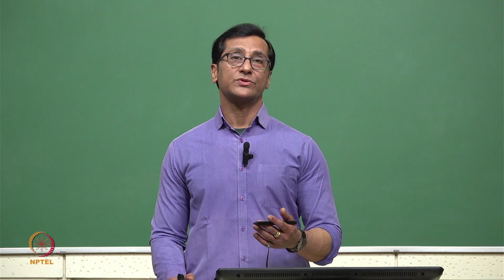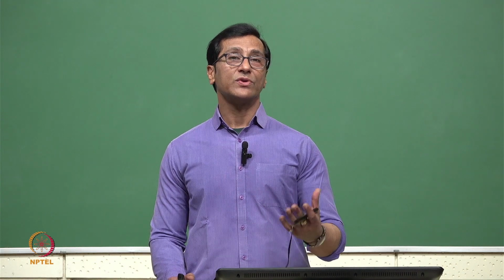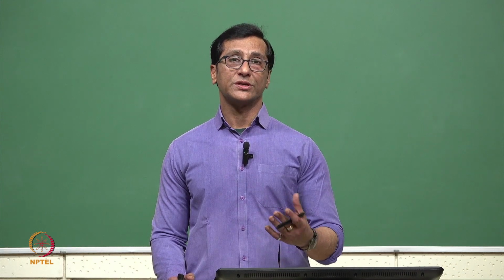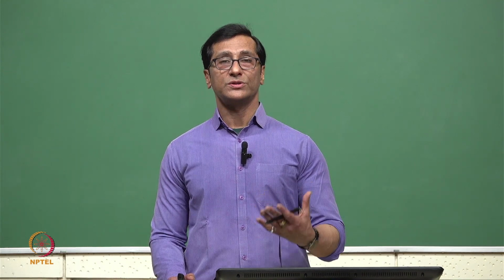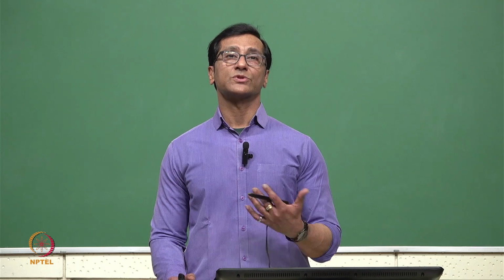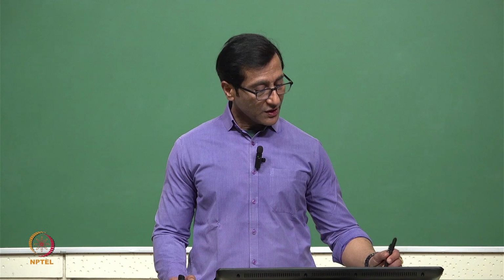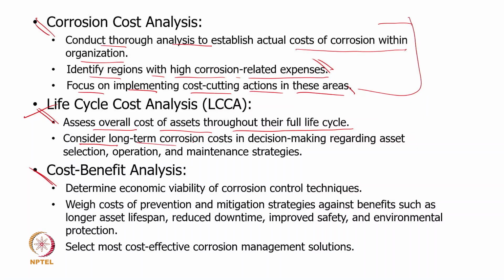We need to look at also what will be the life of the sensor, the life of the component, the life of the overall unit. If it is only 1 year, 2 years or 3 years, there are more chances of breakdown of those systems. Again, I may not go with the investment. So we can say that we consider the long-term corrosion cost in decision making regarding asset selection, operation, and maintenance strategies. So this is very important for us.